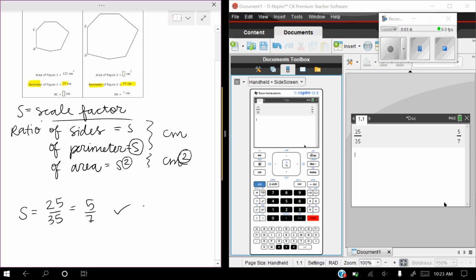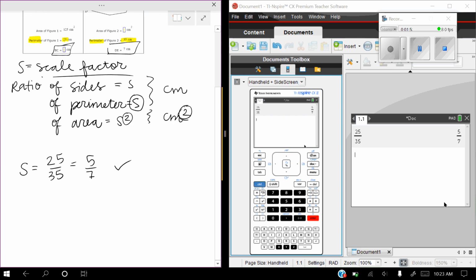That's something we're going to be using, because I want to look for BC in comparison to DE. So BC compared to DE, which is 7. I'm comparing BC with 7, and that's going to be proportional to our scale factor. We can set it equal like this.